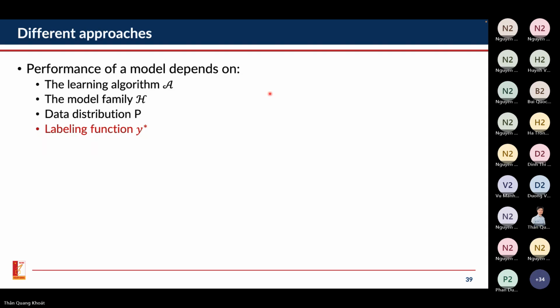For example, we focus on the learning algorithm, but sometimes we can focus on the model family, the special properties of the model family, and then we base on that to analyze the generalization error. And sometimes we can focus on some specific properties of the data distribution or the true labeling function, for example. If we know some properties, we use that to help us analyze the error.